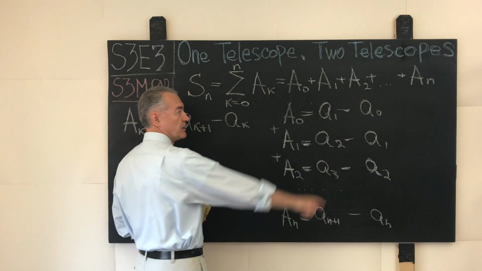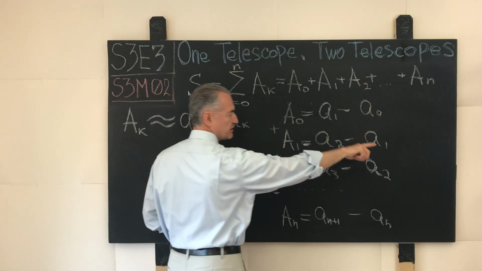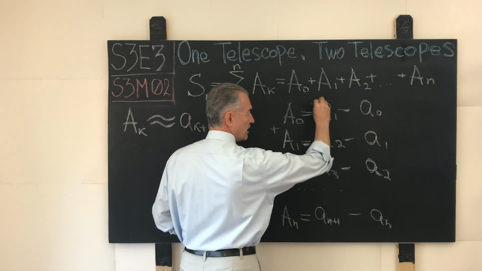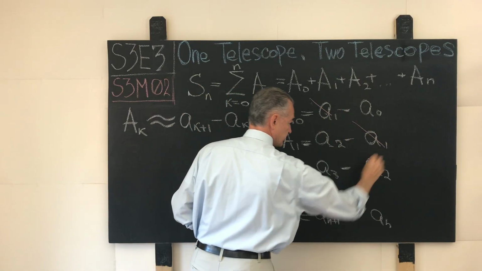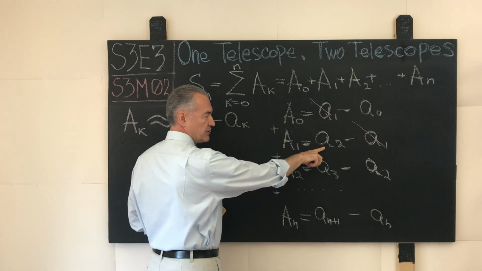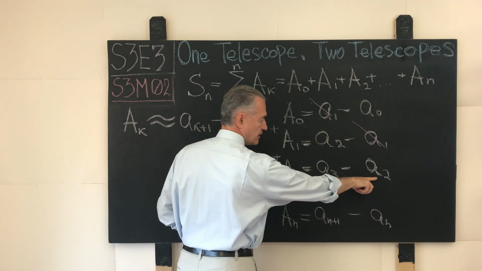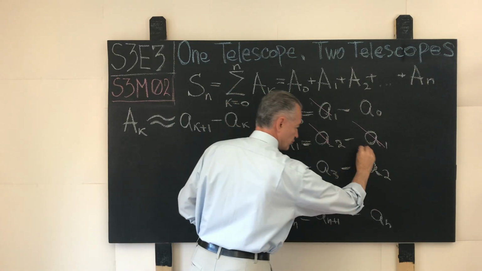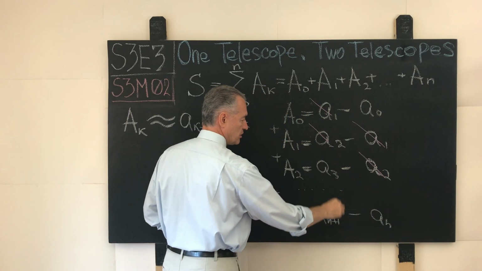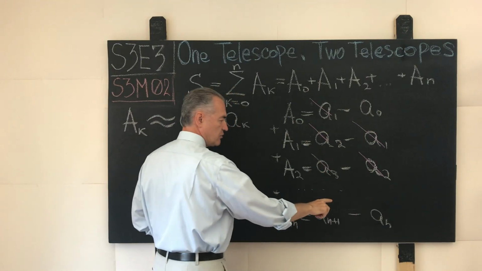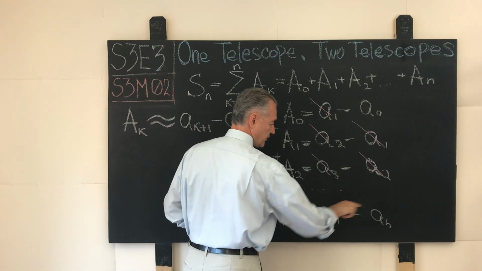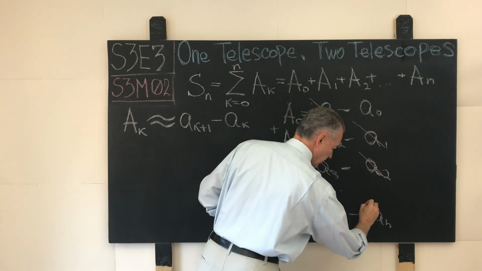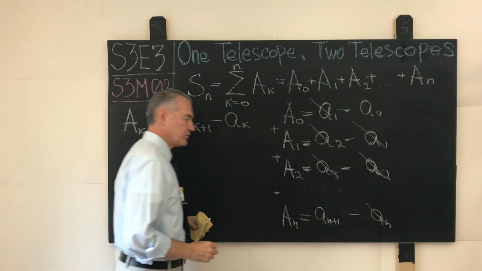For example, here, a1 with the plus sign and a1 with the minus sign. These terms cancel out like this. Next, the term a2 with the plus sign and another a2 with the minus sign. These two terms cancel out, and so on. The term a3 will cancel out with the negative a3 and so on. Eventually, this term will also cancel out.